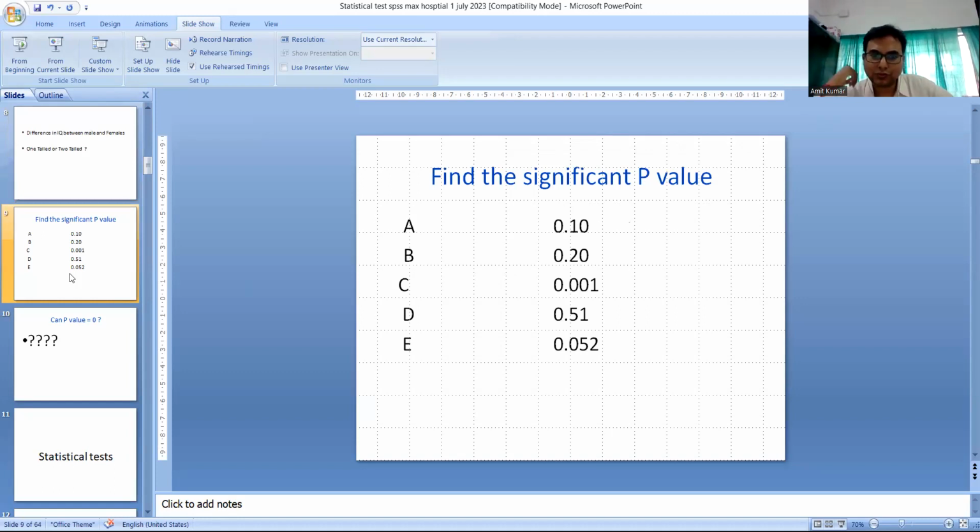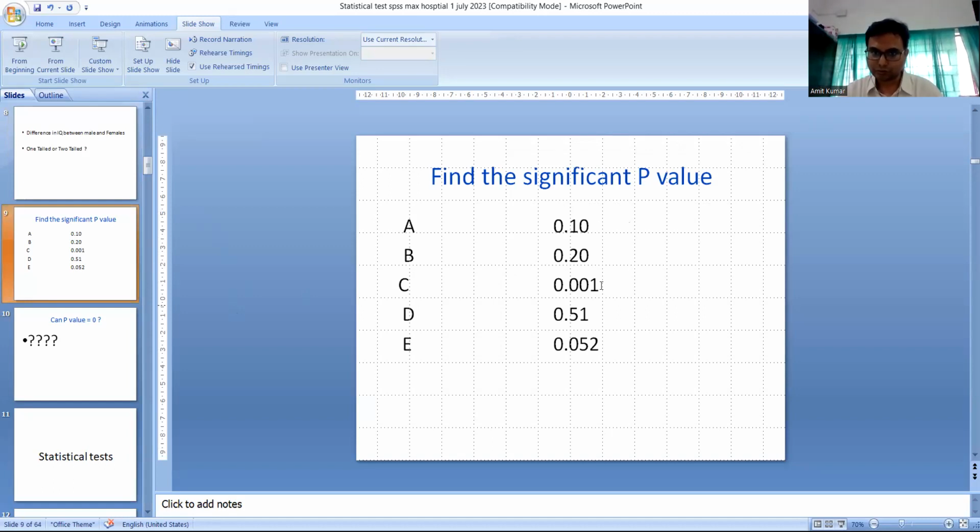Yeah, we can see it. Find the significant p-value. This is the slide I wanted to show. Okay, so is it visible to everyone? So just answer me, which p-value is significant in this case?